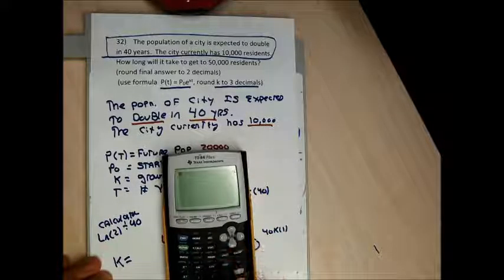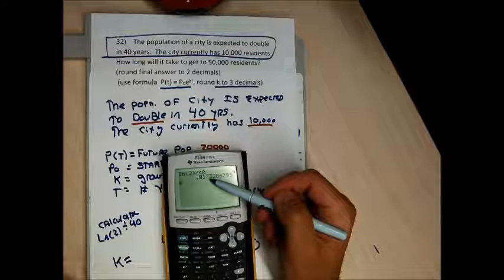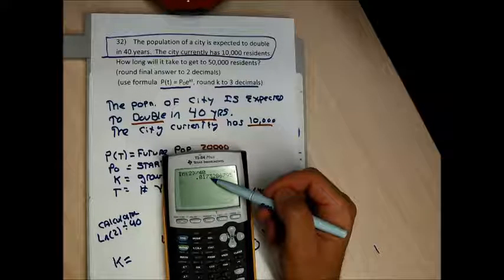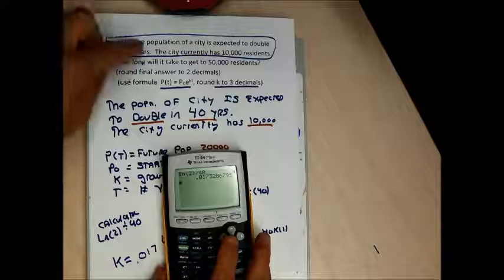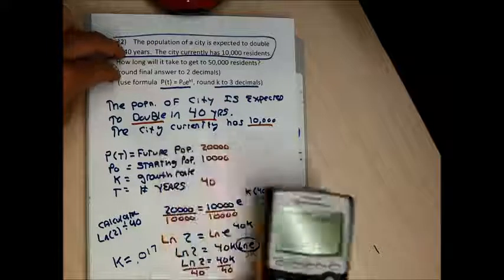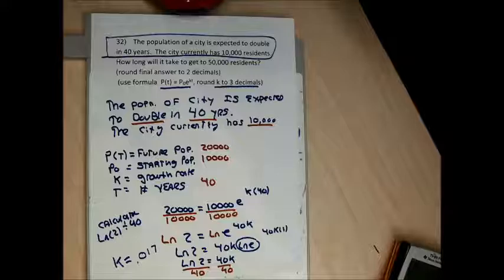So natural log of 2 divided by 40. The number in the third decimal place is a 7. I'm either going to leave it a 7 or round it to an 8. If the number after the 7 was 5 or bigger, I'd round it up. Since it's not, I'm going to leave it at a 7. So I'm going to leave my k as 0.017.